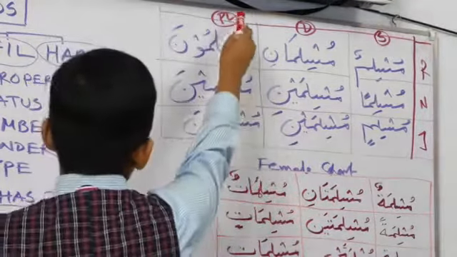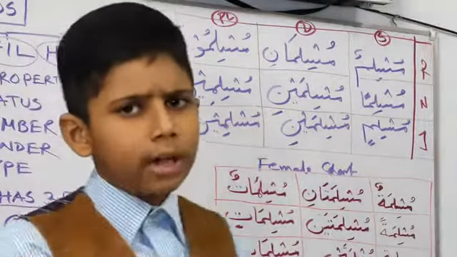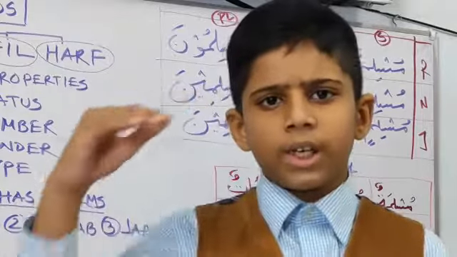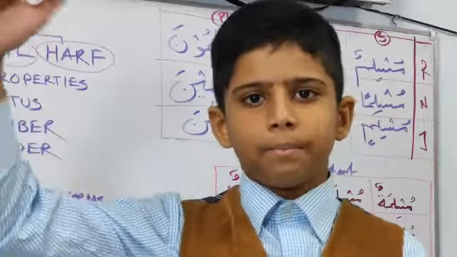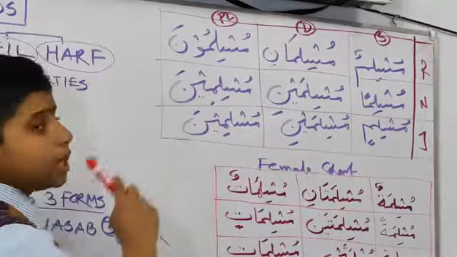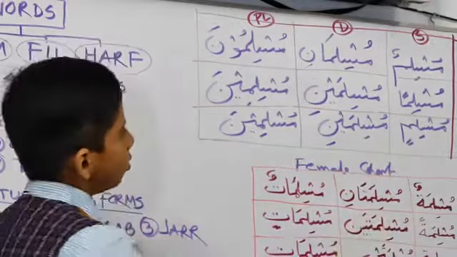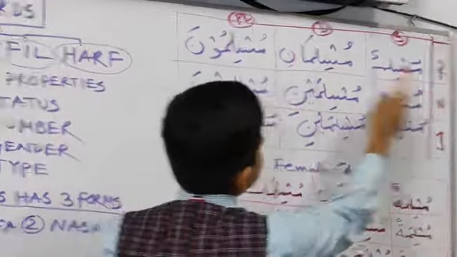And the last one is the plural chart. The plural chart is like you can call 3, 6, 1,000, 1 billion people with just this chart. Like Muslimuna, Muslimina, Muslimina.